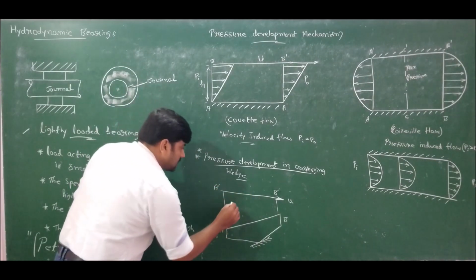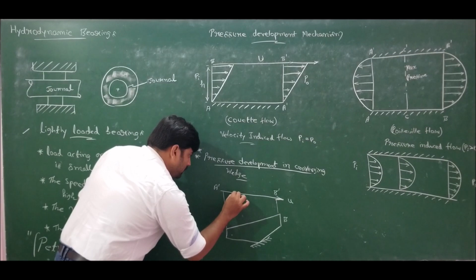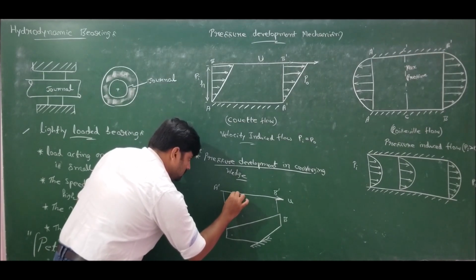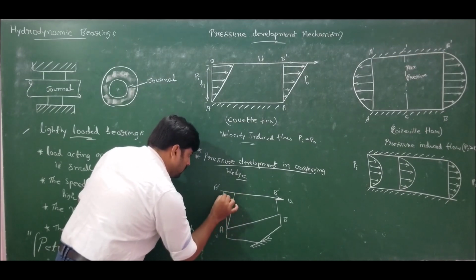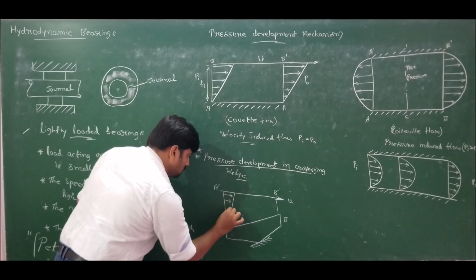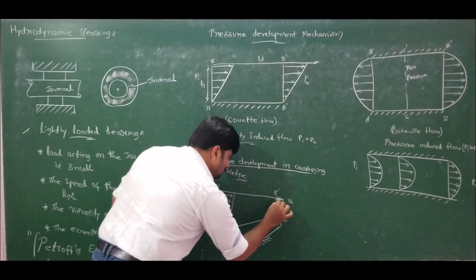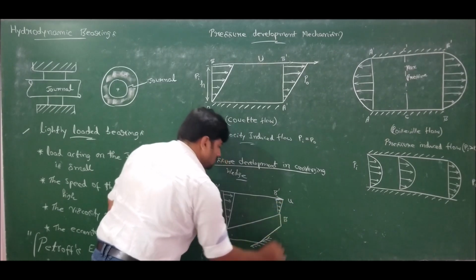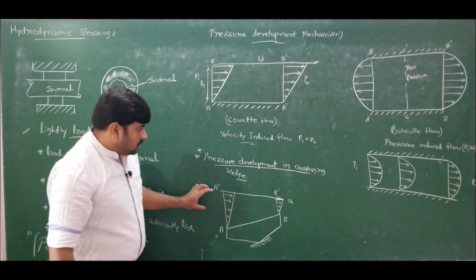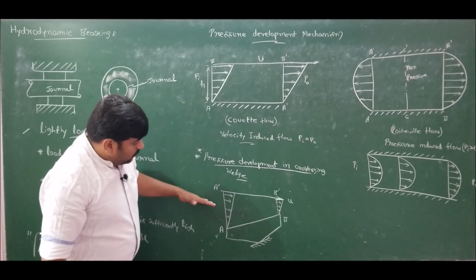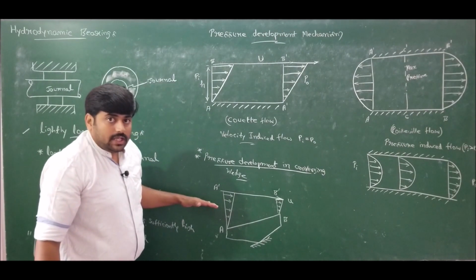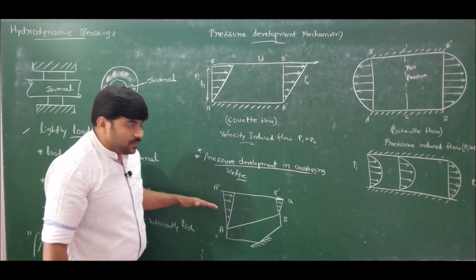Now initially let us consider the profile to be linear like this. Now the fluid is entering with a velocity u. Let us take the velocity as u initial.